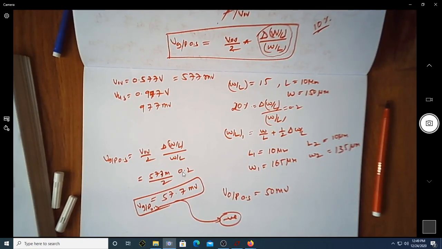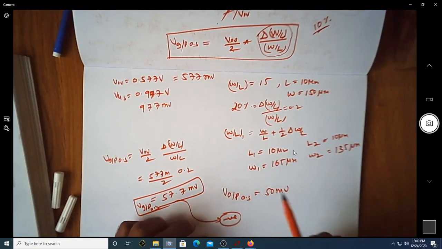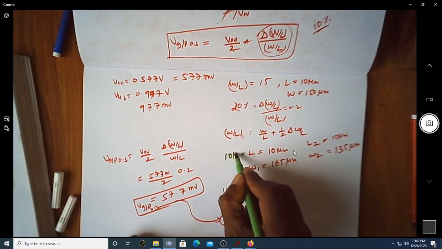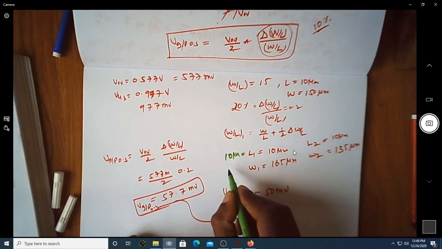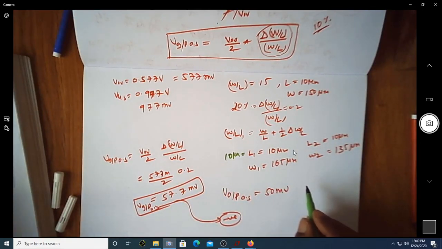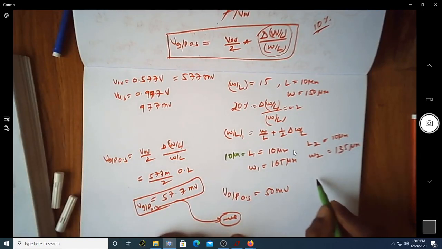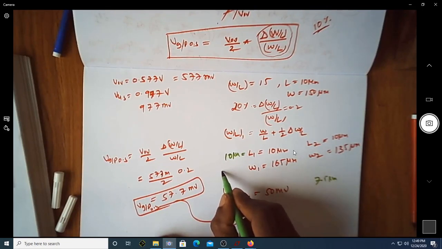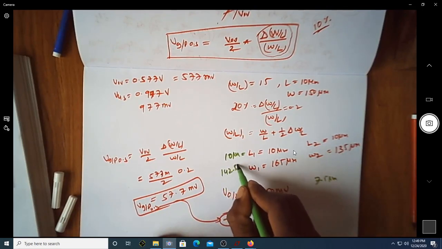Suppose you are looking for only 10% variation. If you are changing the dimension, I'll make only 10% variation. Let this be 10 micrometer, let me make this lesser. So 10% is 7.5 micrometer, so 7.5 micrometer less means it will be 142.5 micrometer.